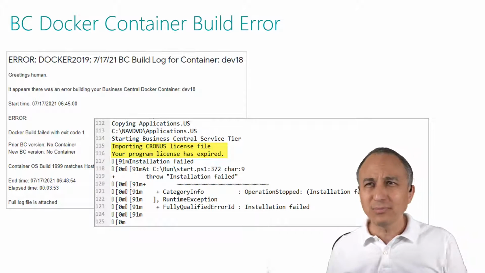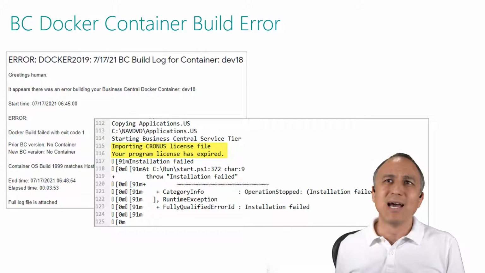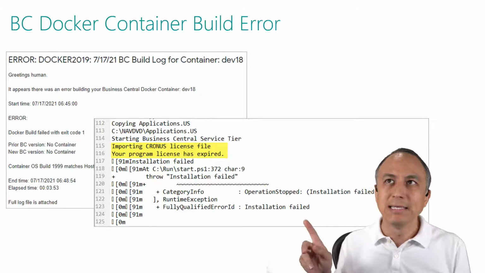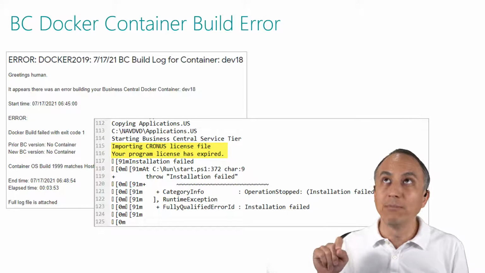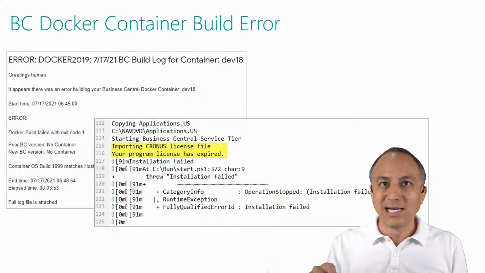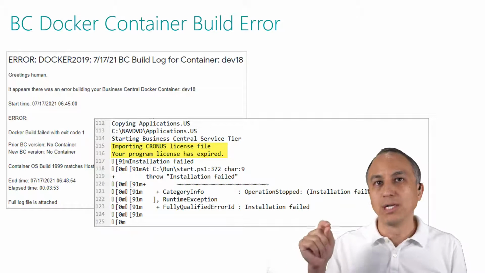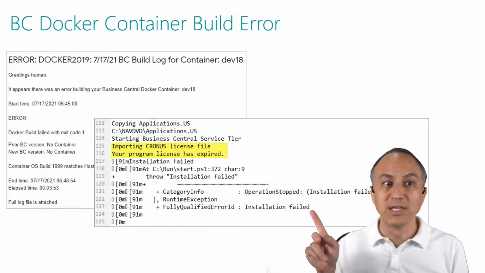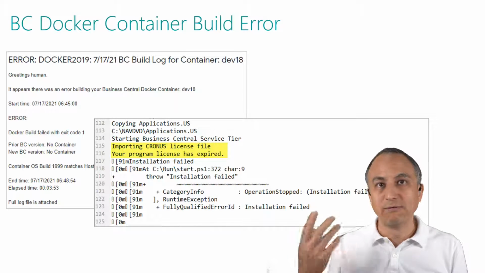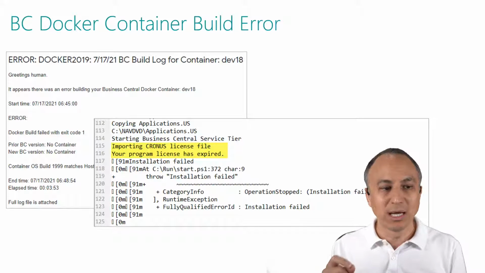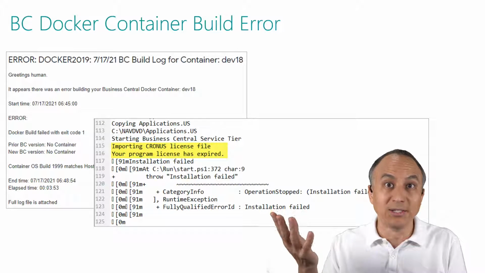So, yeah, I don't know if there's a way. There's probably a way for me to use a PowerShell script to look in the license file, read the expiration date, and also check for this error message in the build process to give myself some notification. I do have it on my calendar to update and regenerate the license file, but I was on vacation, right?